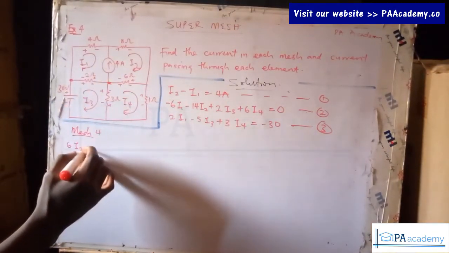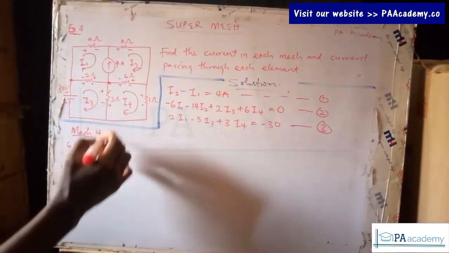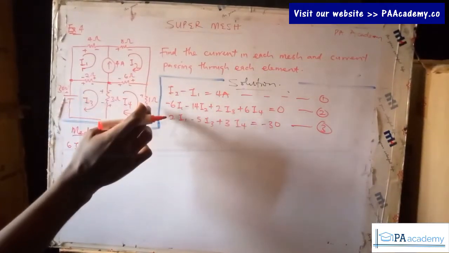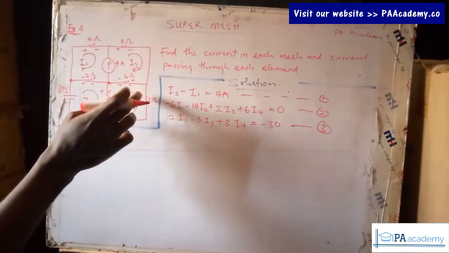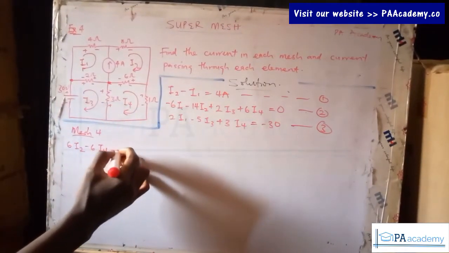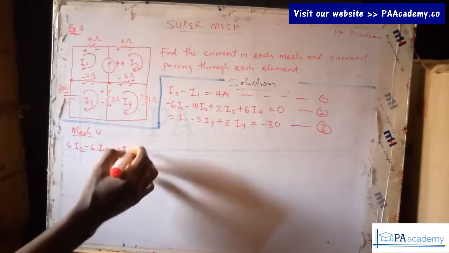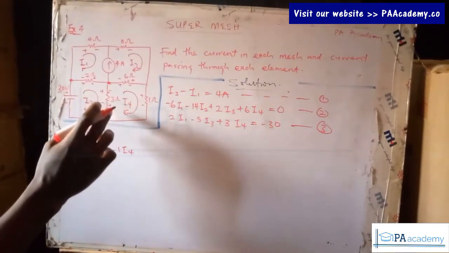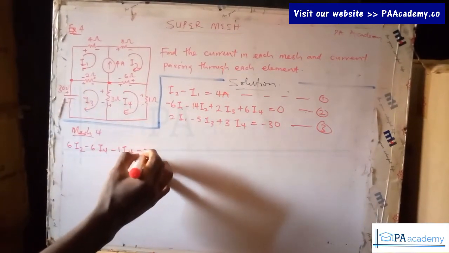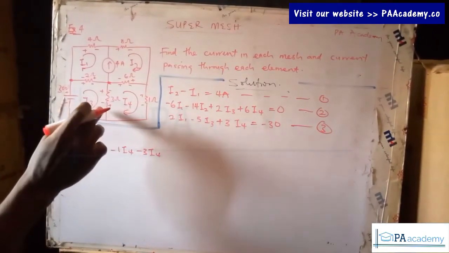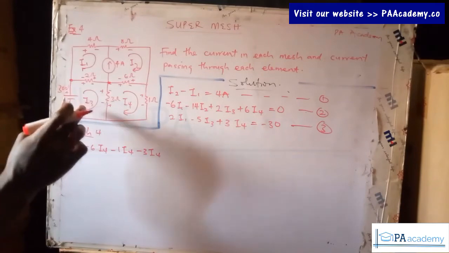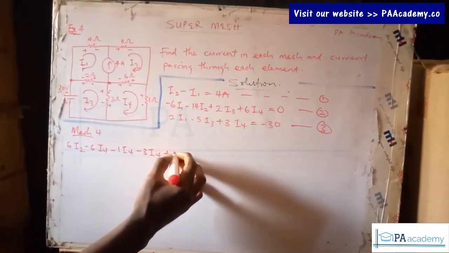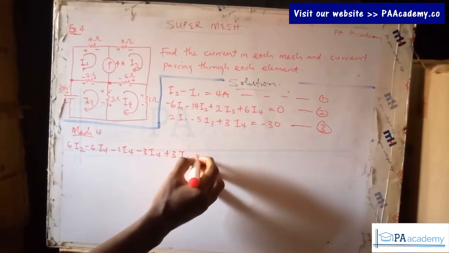Also from positive to negative, that will be -6, and this time around it is due to I4. So that's it for the 6 ohm. Now let's come to the 1 ohm resistor. So from positive to negative, that's -1 I4. And then let's come to the 3 ohm resistor. So continue like that. From positive to negative, that's -3 I4, while from negative to positive is due to the current I3. So that will be plus 3 I3 equals to 0.